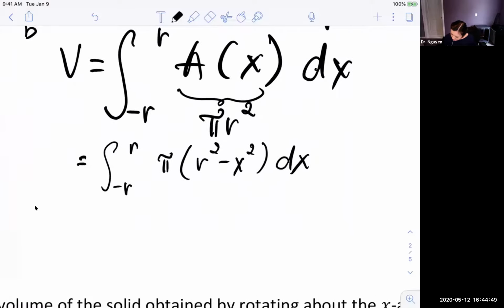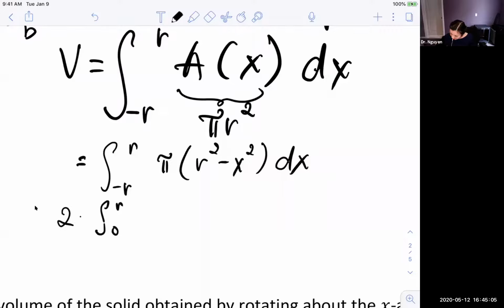Have you noticed that this integrand right here is even? So technically I don't have to worry about from negative r to r. I can just take the integral from 0 to r and double it. I'm going to take the pi out as well because pi is just a constant. And then we have r squared minus x squared dx. And then you do the calculation.